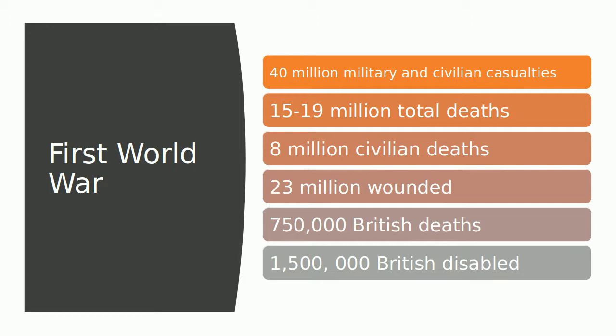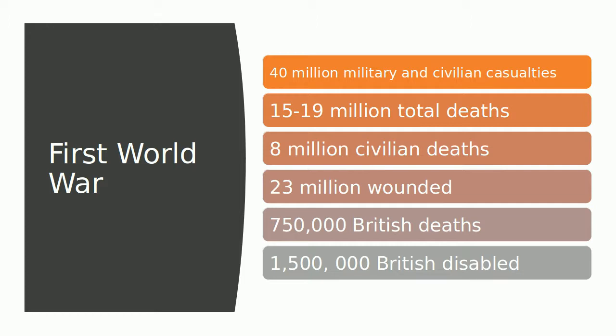Okay, so I again wanted to present some of the statistics of the war. It's often difficult to get exact statistics, but overall statistics look something like this. Roughly 40 million total casualties. That's casualties, not deaths.